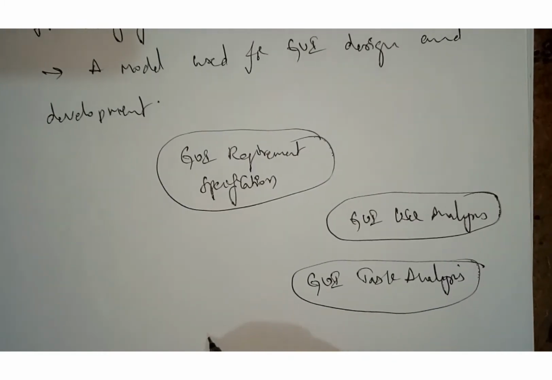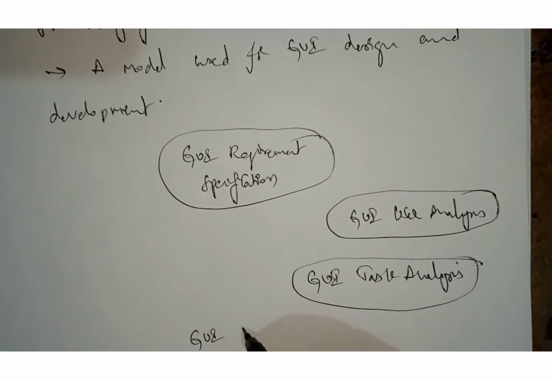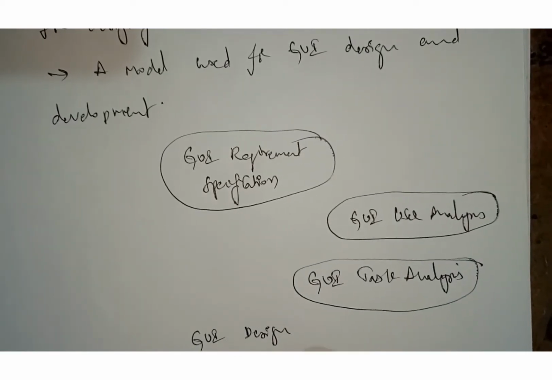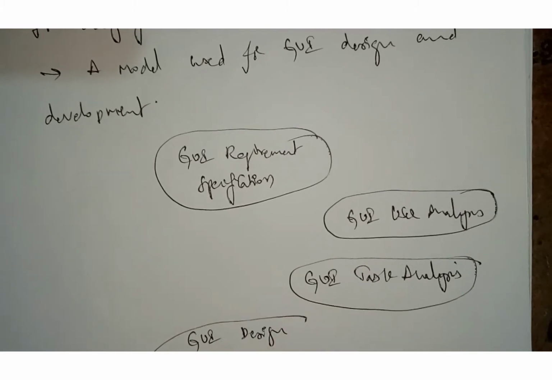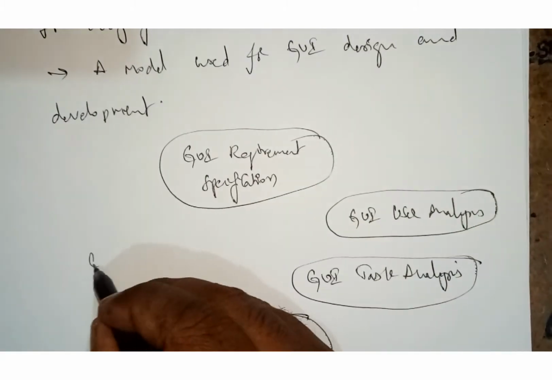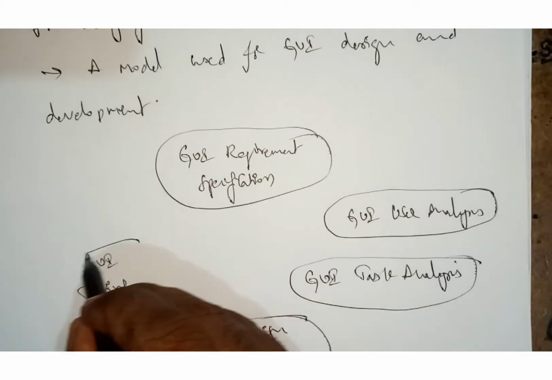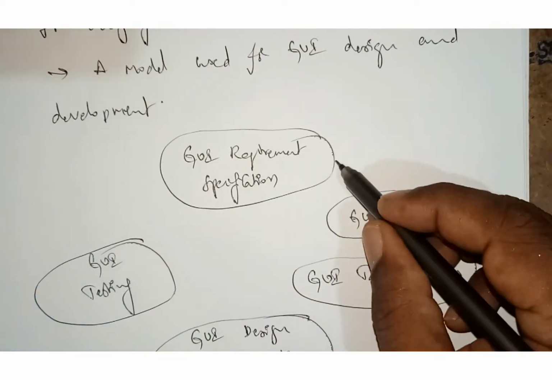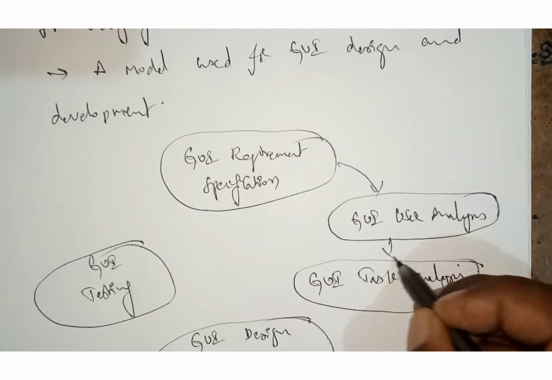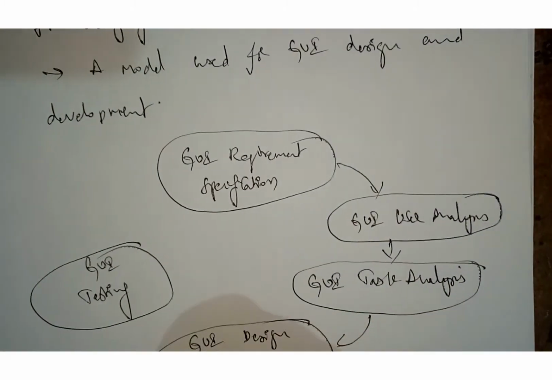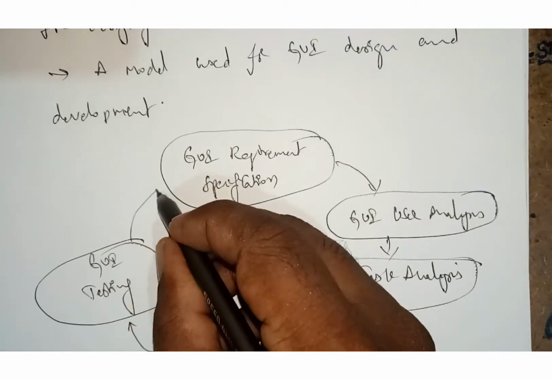Next is GUI design and implementation. And the last one is GUI testing. These are the different steps involved in GUI, graphical user interface, design.